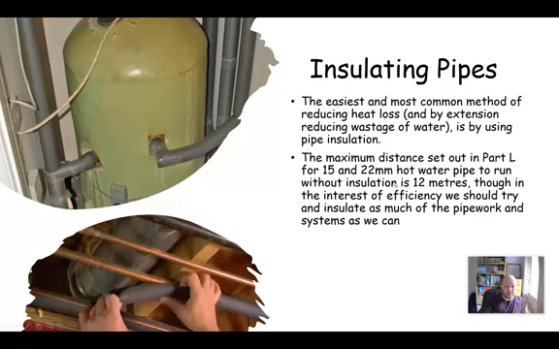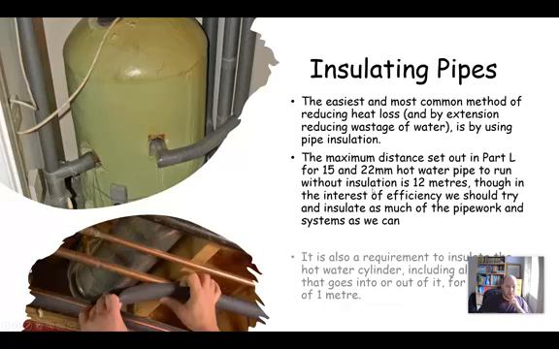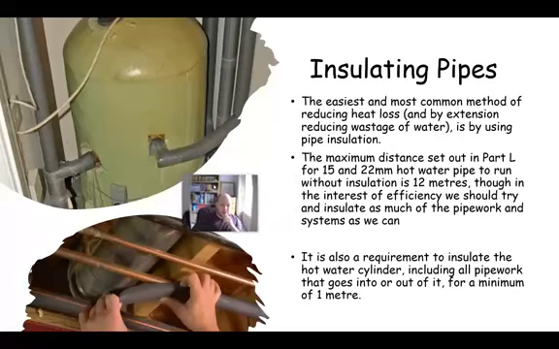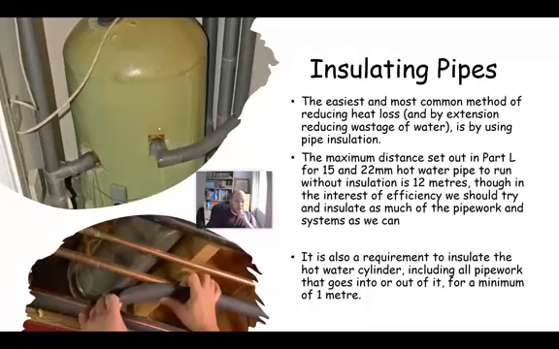In an ideal world, we should insulate all the hot water pipe, that's the sensible thing to do. But the building regs tell us we can run a maximum of 12 metres without insulation. Also we need to make sure that all of the pipework into or out of the cylinder is insulated for at least 1 metre, or as the regs say, to the point at which it becomes inaccessible, because sometimes it might just go straight into a wall.